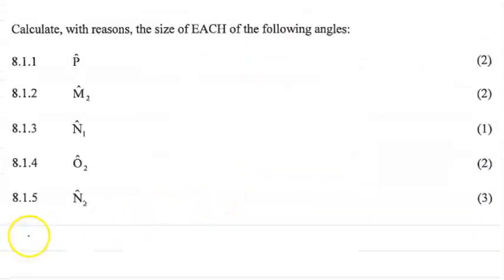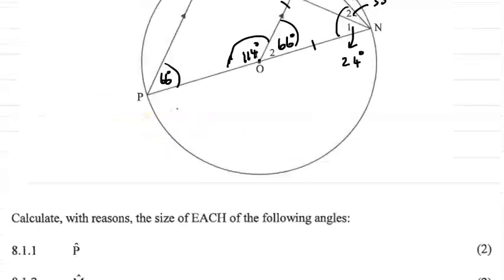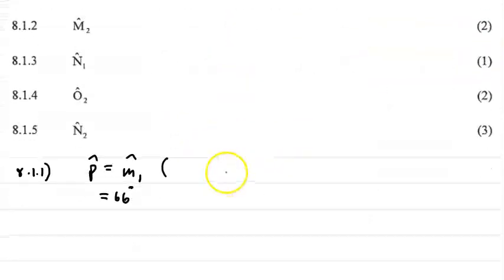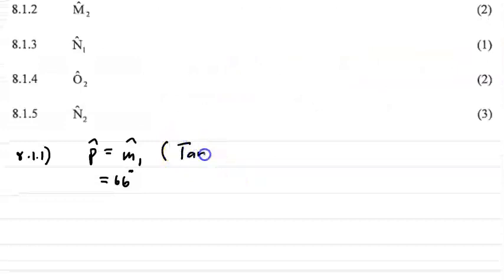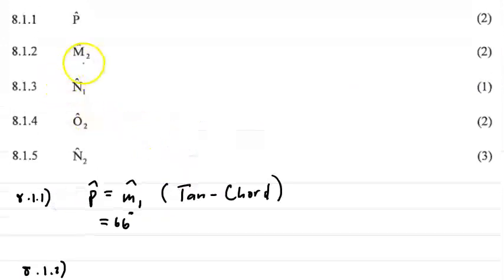So for 8.1.1, P equals M1 equals 66 degrees. And remember what reason we used. So we have to retrace our steps and say tan quad. So that's the tan quad theorem. 8.1.2, M2.